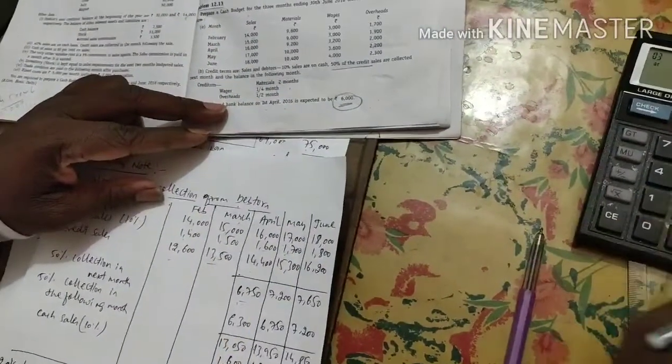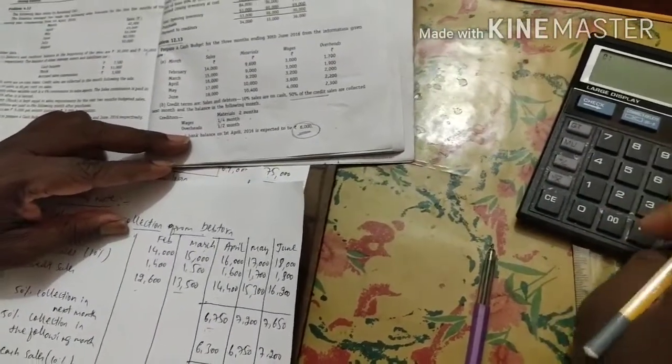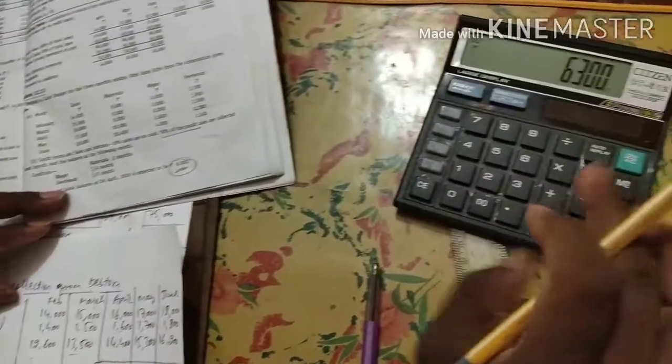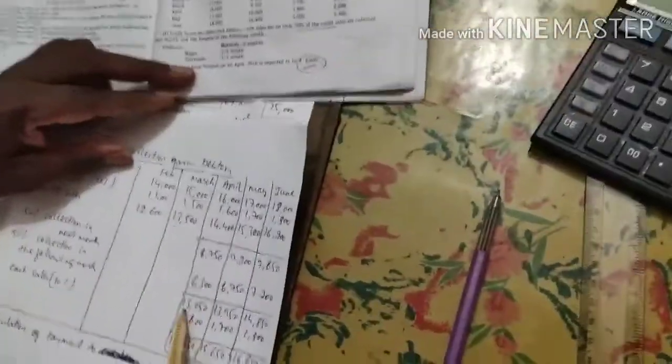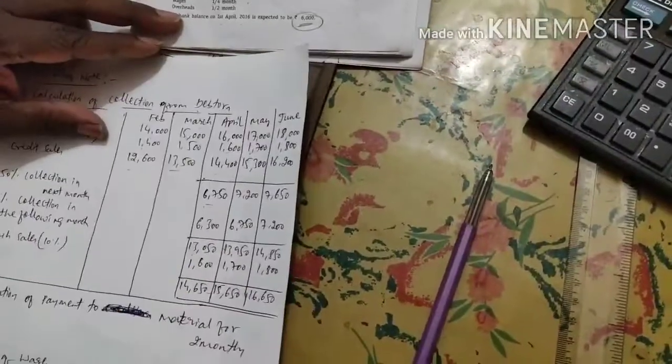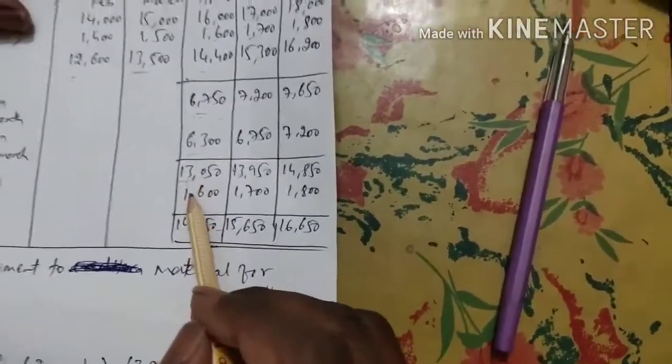So next means 12,600 into 50%, which I have collected. How much? 6,300. So put together, total credit sales is 6,750 plus 6,300, which is 13,050.